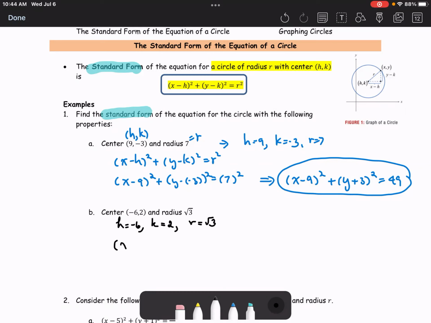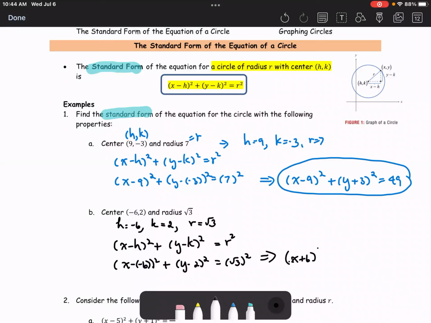In the standard form, x minus h squared plus y minus k squared equals r squared will be x minus -6 quantity squared plus y minus 2 quantity squared equals √3 quantity squared. And then we write it in the standard form as x plus 6 quantity squared plus y minus 2 squared equals 3.